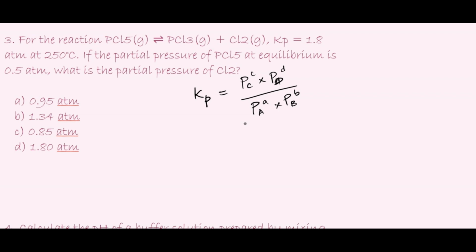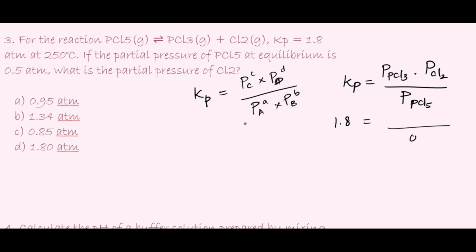If the reaction is A plus B gives C plus D. Here the reaction is PCl5 giving PCl3 and Cl2. So how can we solve this problem? I'm going to write the Kp for this: partial pressure of PCl3 into partial pressure of Cl2 divided by partial pressure of PCl5. The Kp value they have given is 1.8, and at equilibrium the PCl5 partial pressure is 0.5.